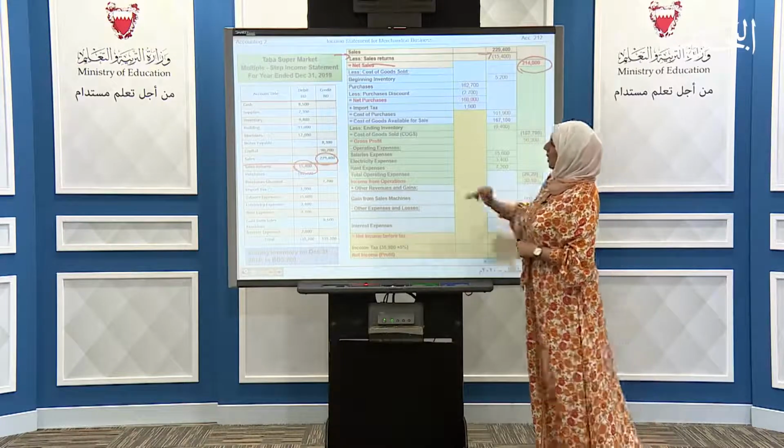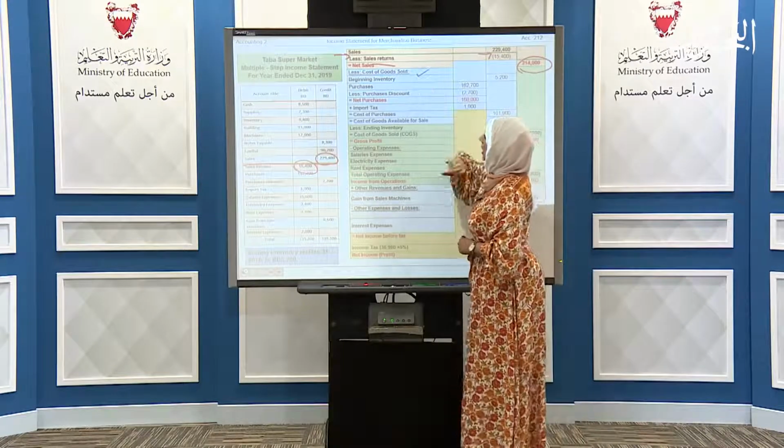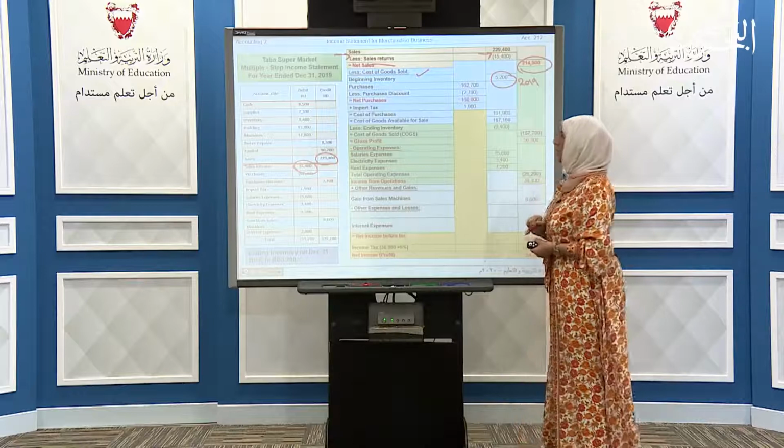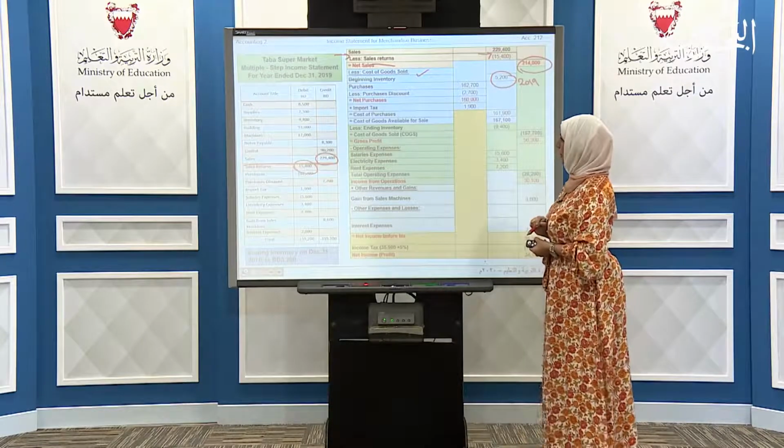Next, I should find the cost of goods sold. How can I get the cost of goods sold? Firstly, I will start with the beginning inventory. How much is the beginning inventory for us? It is 5,200. And we should take care that the beginning inventory for year 2019 is the ending inventory for the year 2018.